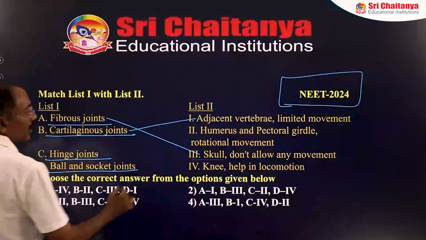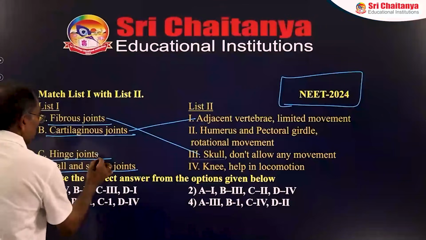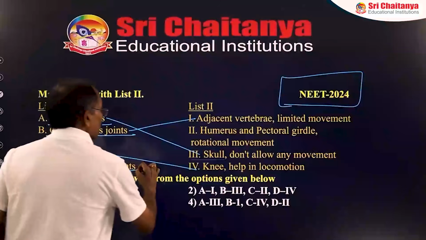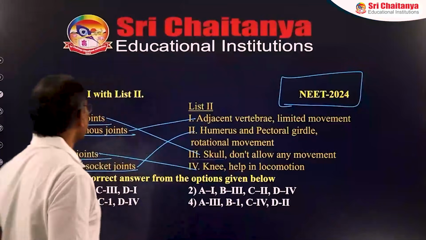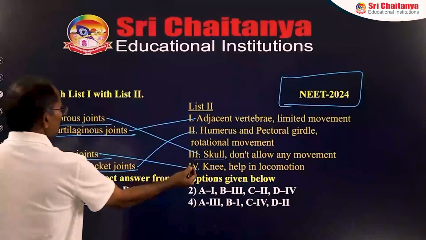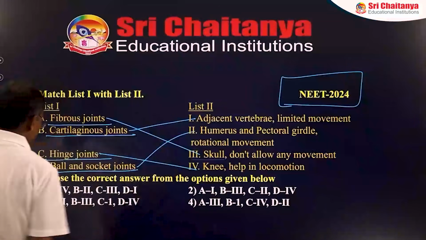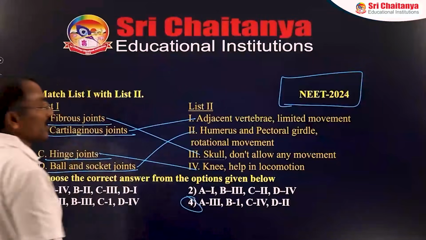Hinge joint, knee joint helps in locomotion. Ball and socket joint, humerus and pectoral girdle. So answer is 3, 1, 4, 2. Correct option.